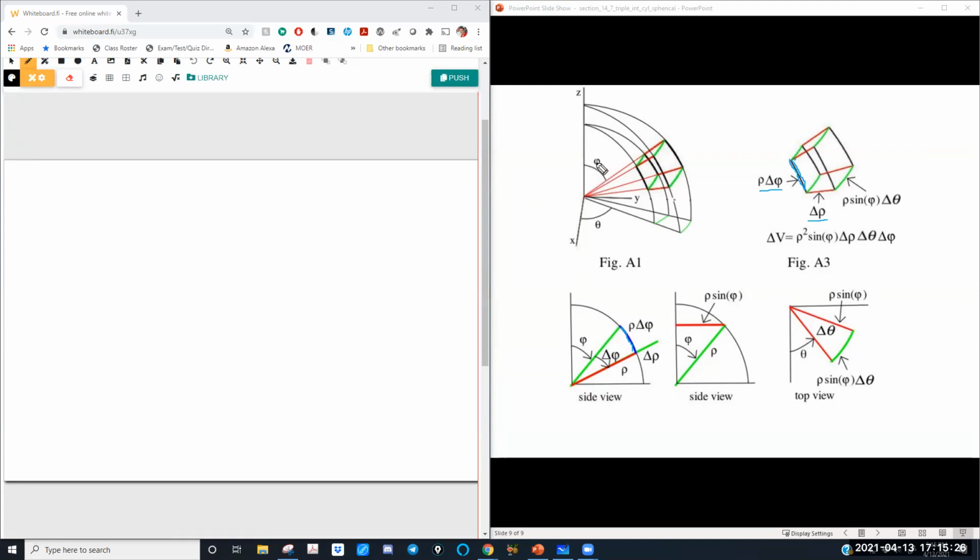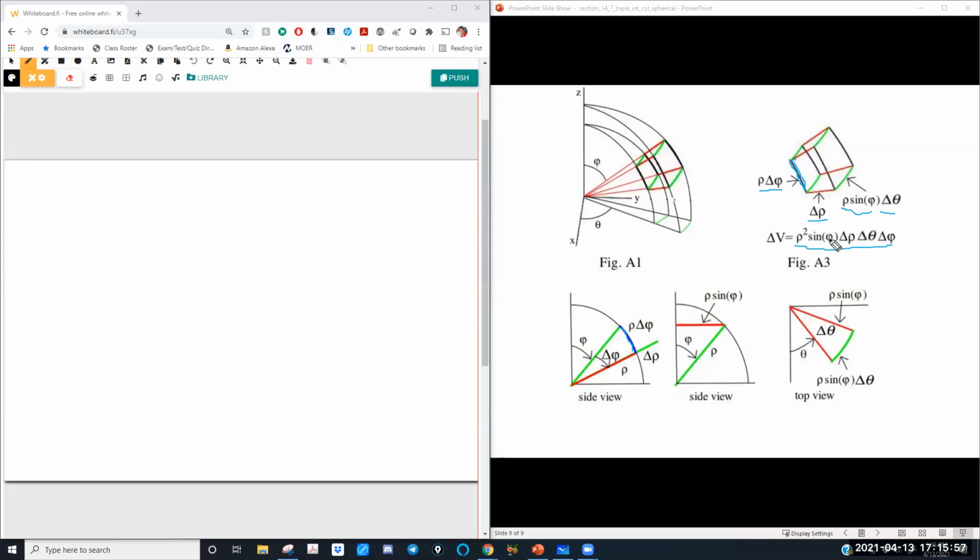Here's phi right here. Our hypotenuse is rho, and the side is rho sine of phi. So that's where that one is coming from. And so this is the radius times the angle for that arc length. Putting those all together gives us the delta V for spherical.